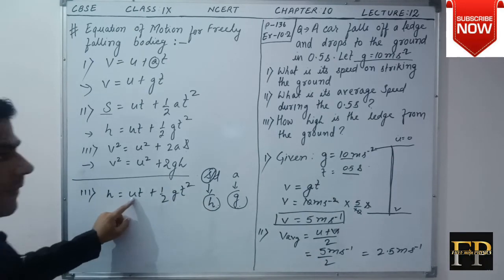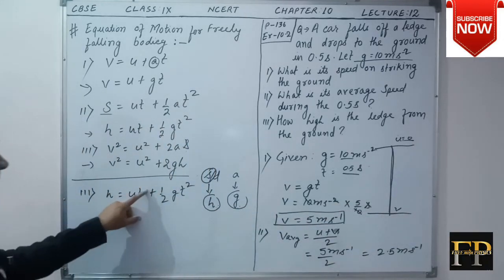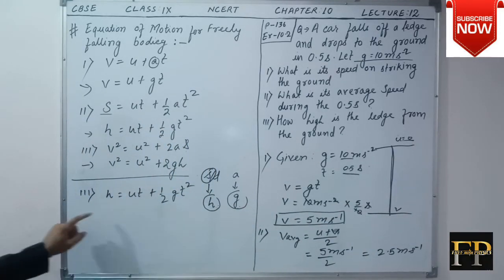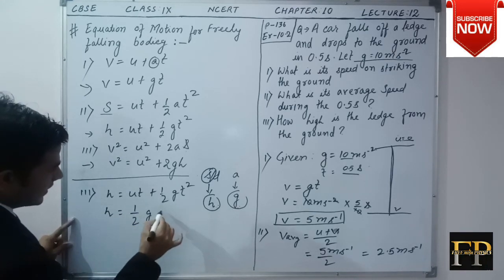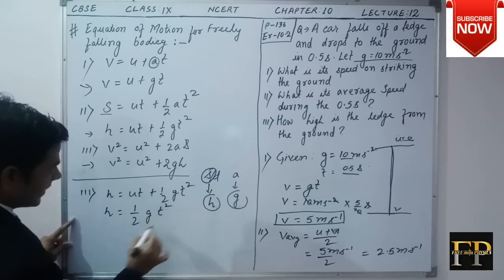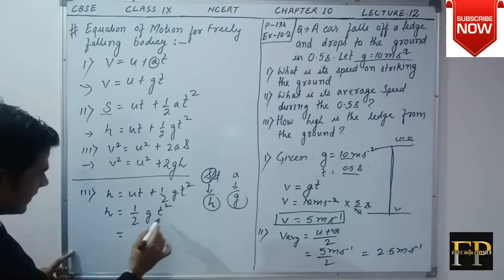We know that the initial velocity is 0, so this term becomes 0. So h = half gt squared. Now we will put in the values of g and t.